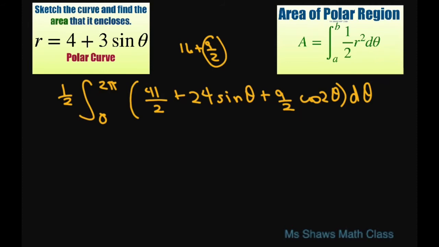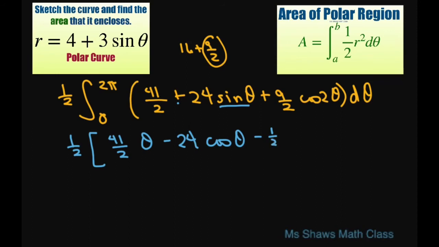So this is going to give me 1/2, and then we're going to have 41 divided by 2 theta minus, change this to cosine, 24 cosine of theta, and change your sign. And this is going to be minus 1/2 times 9/2 sine of 2 theta. And we're evaluating this from 0 to 2 pi.